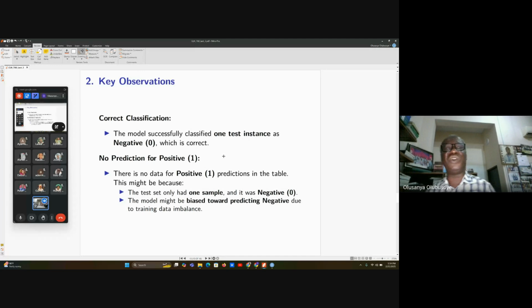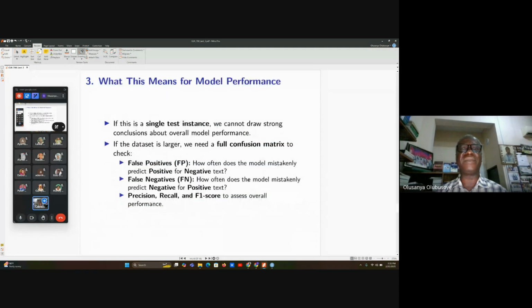It doesn't mean it will always be correct. Don't go with that notion. But there is no prediction for positive 1, because of course we don't have enough data. We have no data for positive 1. And the reason is given here.